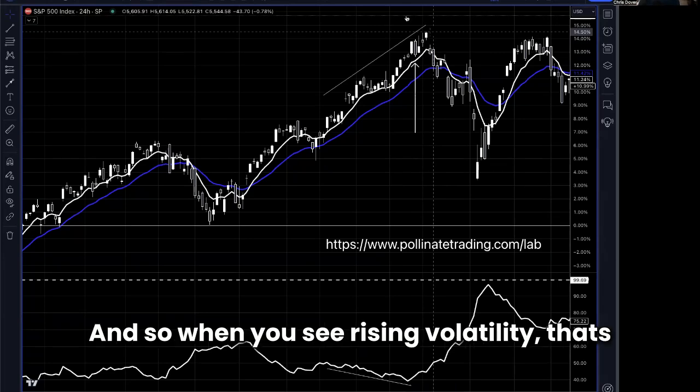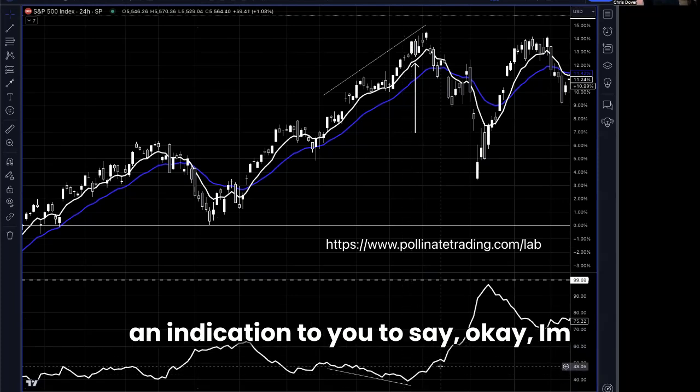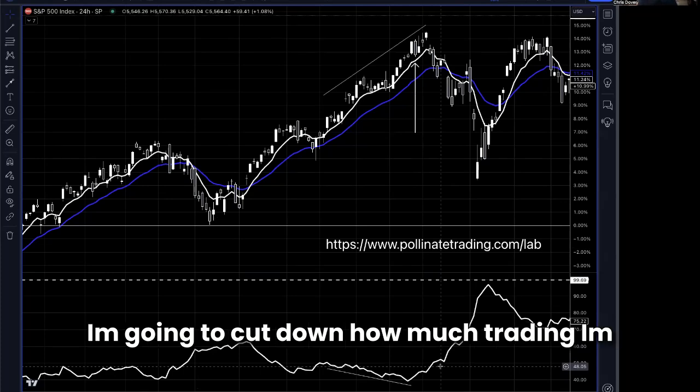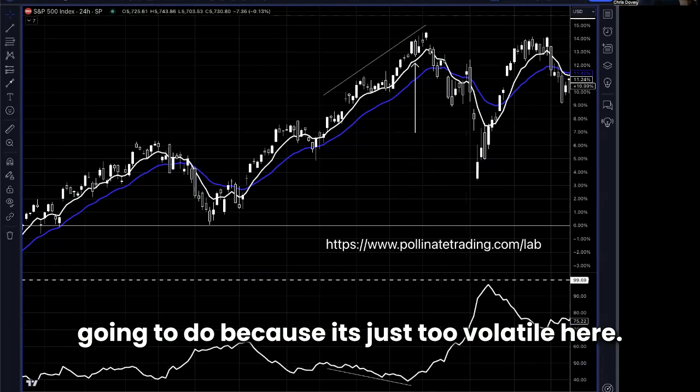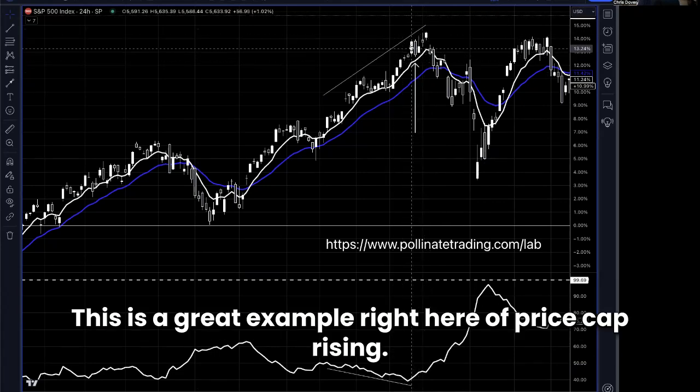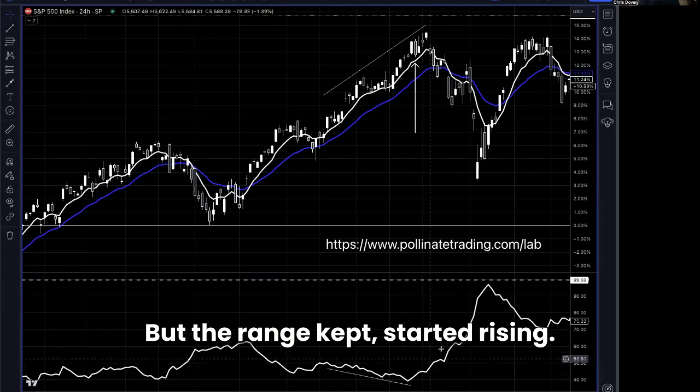And so when you see rising volatility, that's an indication to say, okay, I'm going to cut down my position size. I'm going to cut down how much trading I do because it's just too volatile here. It's too risky. This is a great example of price kept rising, but the range started rising.